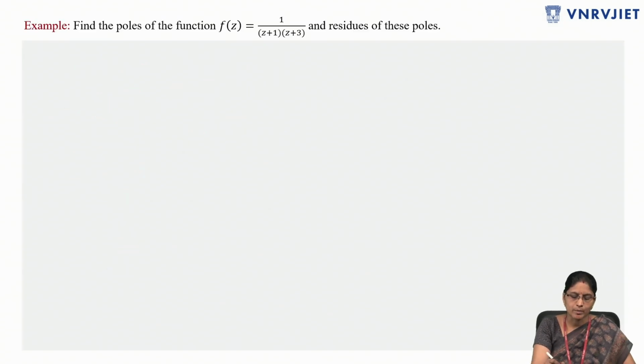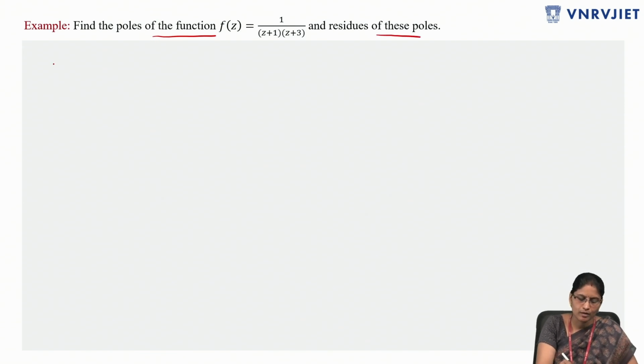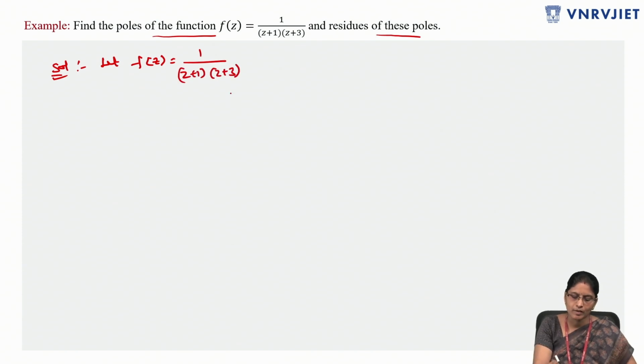Next, see another example. Find the poles of the function f of z is equal to 1 by z plus 1, z plus 3 and the residue at these poles. Let f of z is equal to 1 by z plus 1, z plus 3. First we have to find out the poles for the given function f of z.